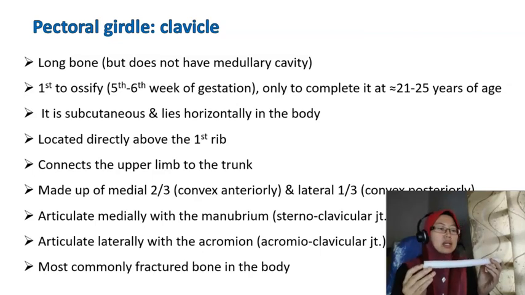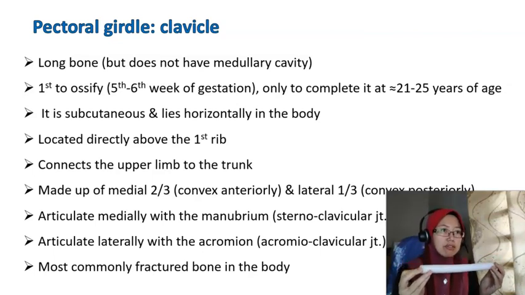What is so unique about this clavicle is that even though it is a long bone, it has no medullary cavity, unlike tibia or femur. Those bone has capability to form blood cell, but clavicle doesn't have this medullary cavity.